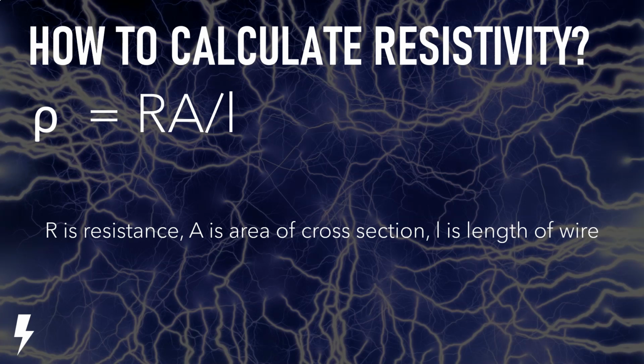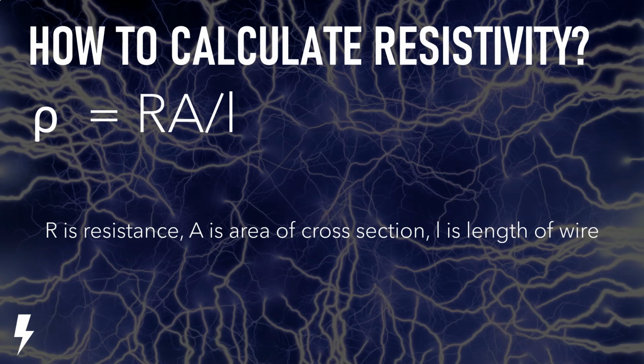What's the formula to calculate resistivity? The formula of rho is resistance multiplied by area divided by the length of the wire. As I mentioned earlier, resistivity is the characteristic property which determines the resistance per unit of length and area of cross-section.